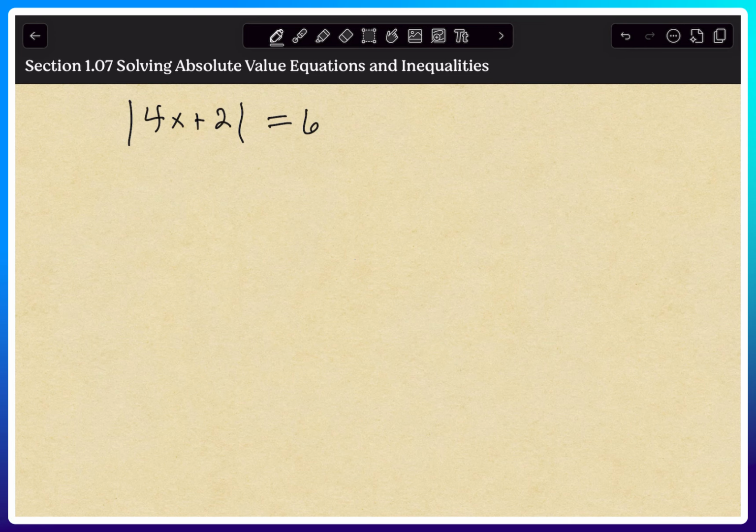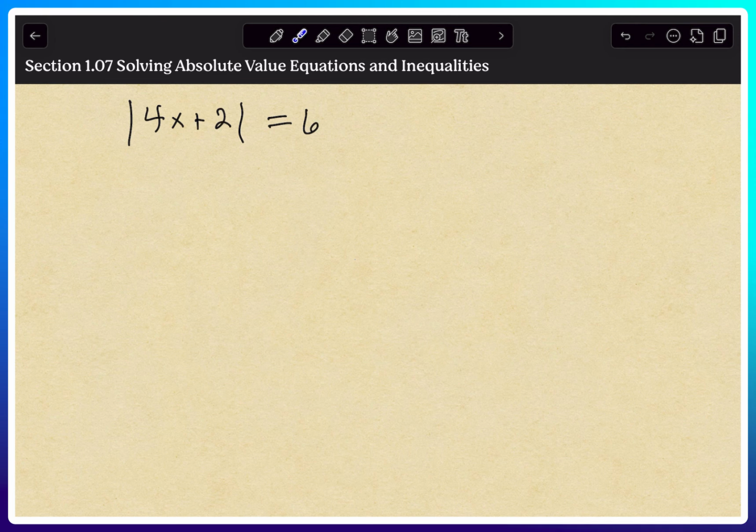When you're dealing with absolute values, this whole expression can equal either 6 or negative 6, because if you take the absolute value of negative 6, it's going to equal 6.